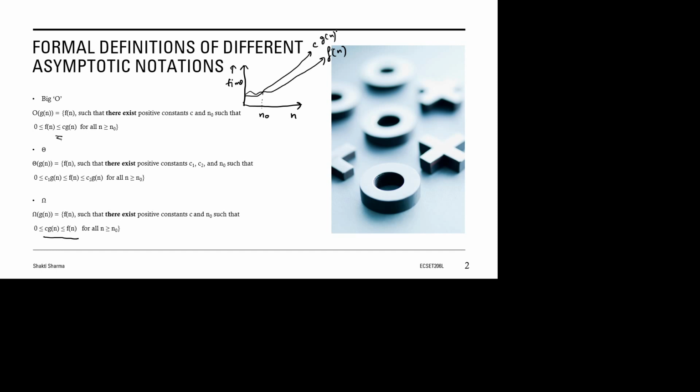So we are saying that g(n) in the case of big O represents tight as well as loose upper bound. Tight upper bound means that there is no possibility of any other upper bound in between.